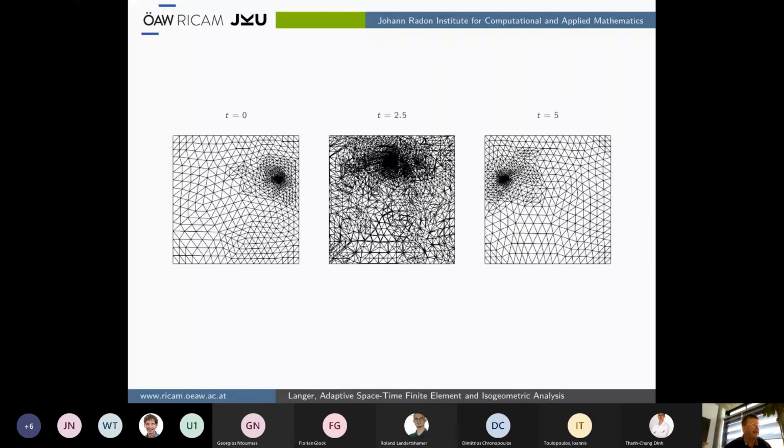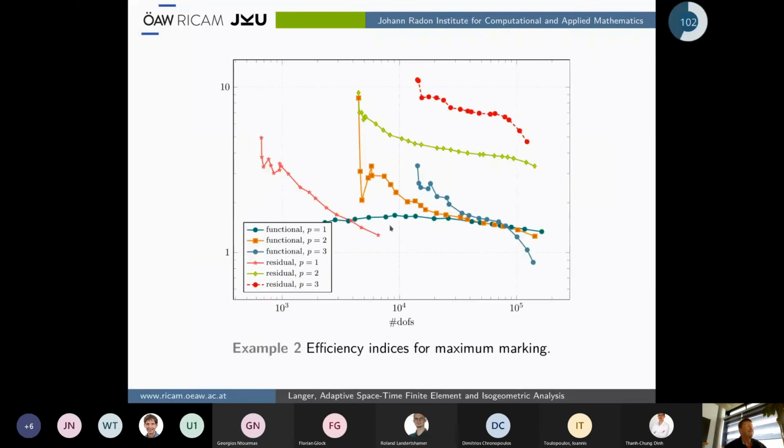A cut can look like this on the top, this is the initial. If you cut the tetrahedral mesh, the mesh is fine. It's shape regular when you get something like this. So here you see the efficiency, and we see always the functionals are near to 1, the residuals are not so fine. So we use also residual here.